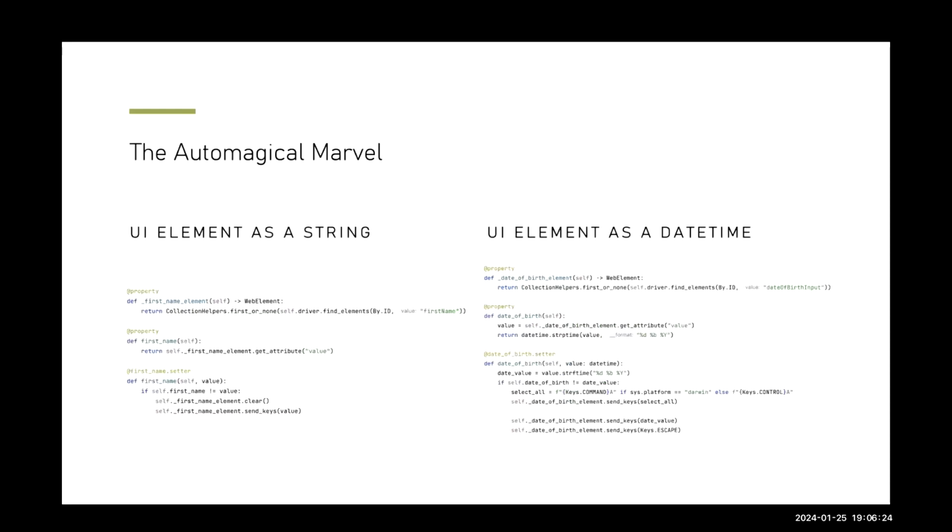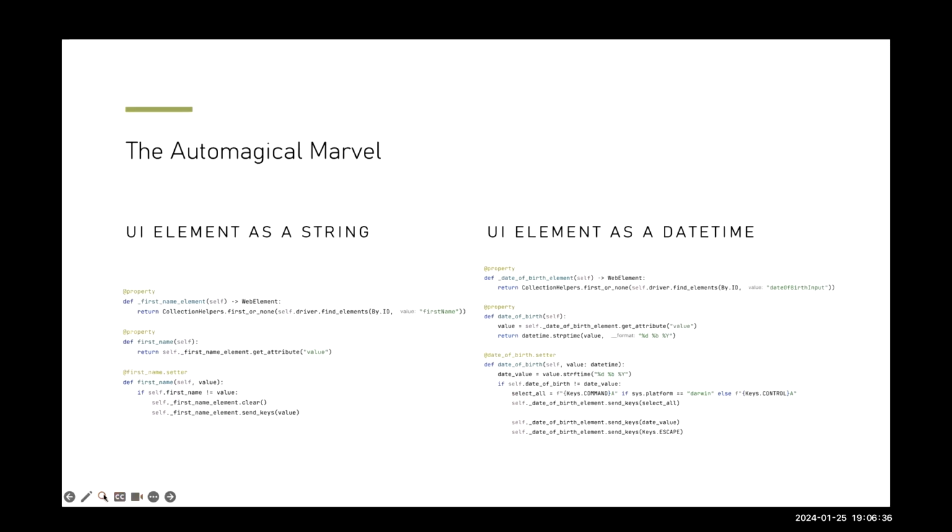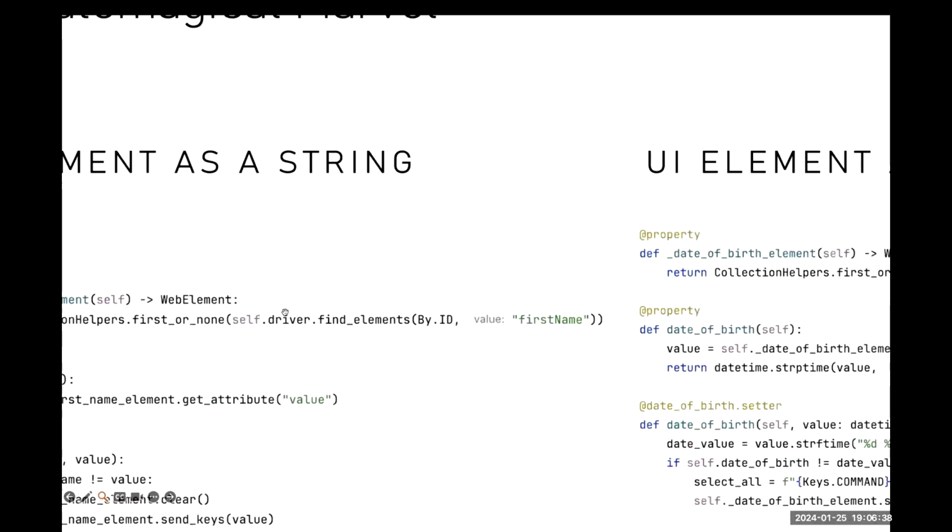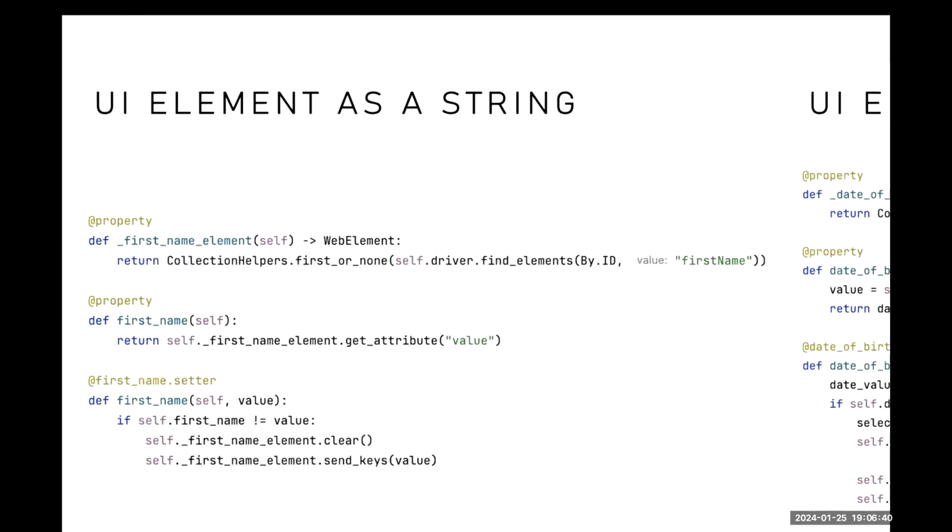So again, I didn't really test this on a projector, but let's take a look at how this might actually work. I'm going to zoom in on some of these, so don't worry. Let's talk about how your UI element might work as a string. In this case, we declare our one element.